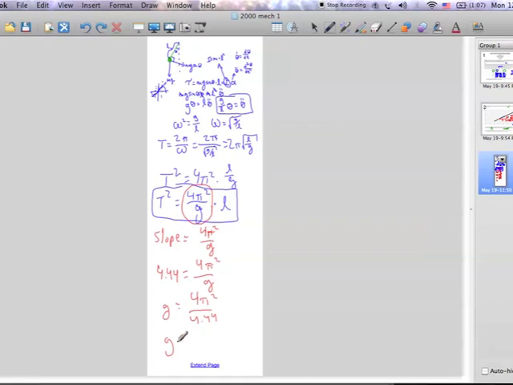This is g experimental, not real g. g experimental equals about 8.88 meters per second squared. So even though we were on Earth, it's not 9.8 as we know it to be.